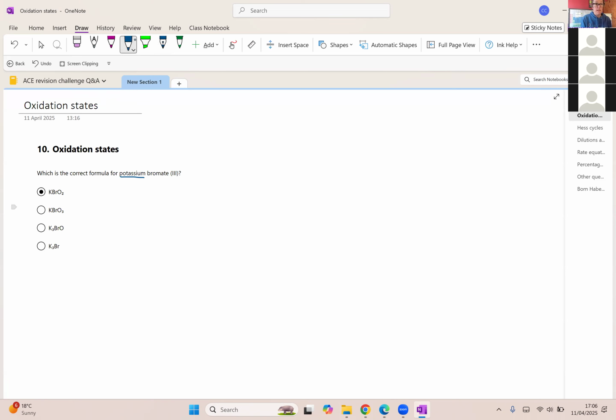In a compound, potassium can only be +1, so that is a fixed oxidation state element. It's in a salt. Bromate is an ion containing bromine and oxygen. I know that much, but that doesn't help me because they're all there. The 3 is going to refer to the oxidation state of the bromine.